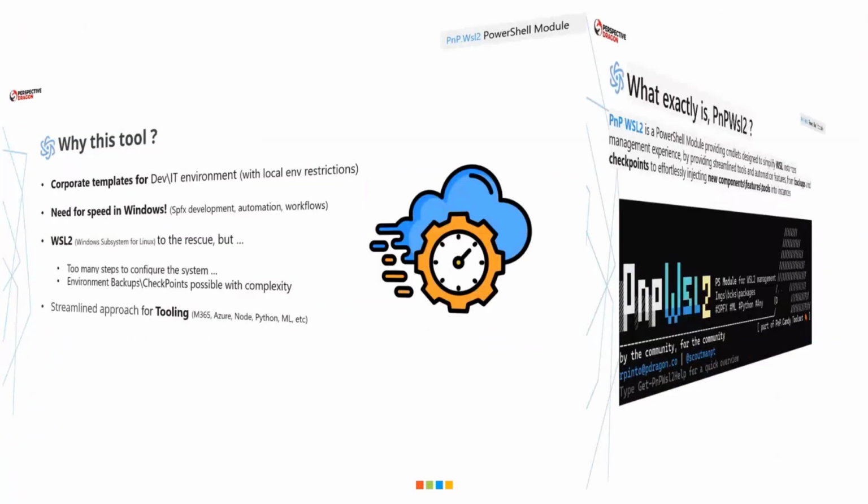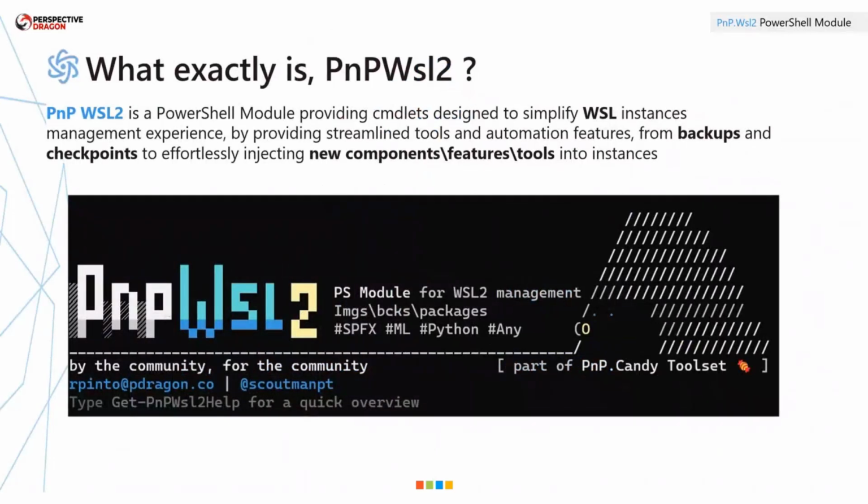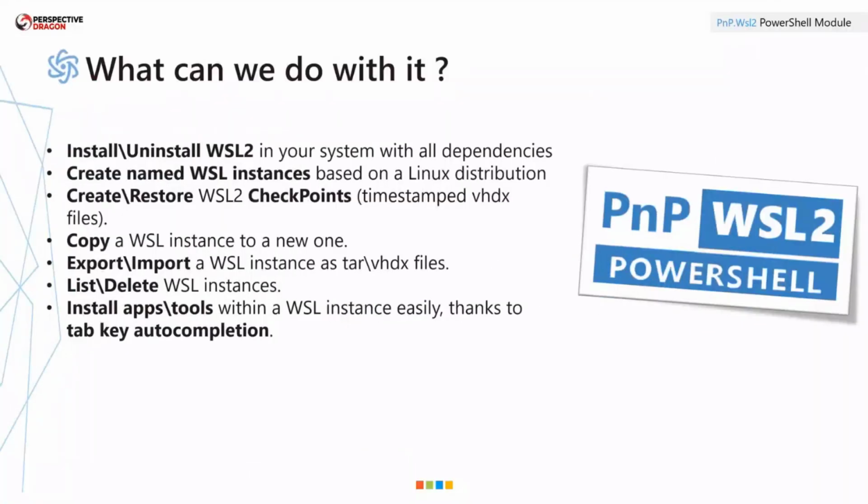So what's PnP.Wsl2? It's a PowerShell module to manage WSL2 instances. Basically, it creates checkpoints and you can add tools on it. So what can we do with it? We can install and uninstall WSL2. With just one command, you can enable and disable WSL2 on the machines. We can create WSL instances based on a Linux distro.